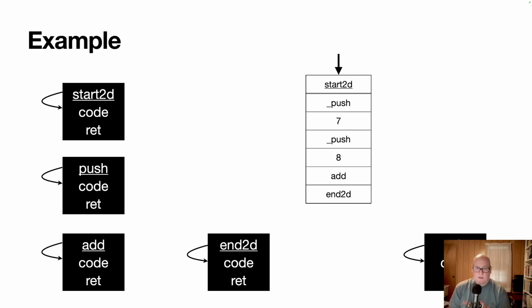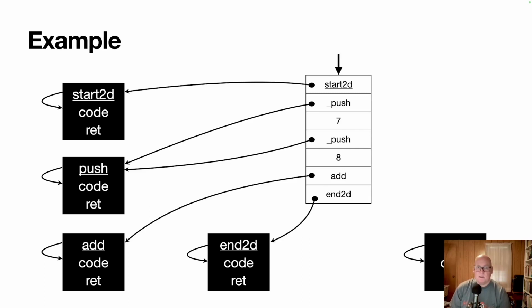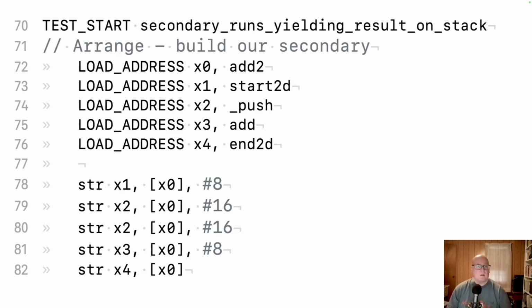Now, if you take a look at our tests, what we did was we didn't point to the top parameter, that first header cell there, that points to the code. We pointed to the code itself. So here's from one of our tests, our real test on the secondaries. Notice it's loading the addresses of add2d, start2d, push, and so on.